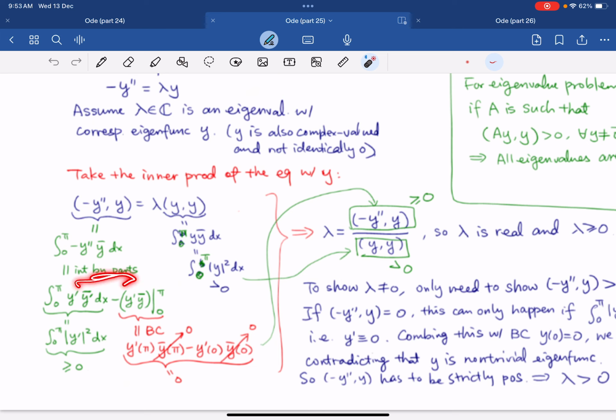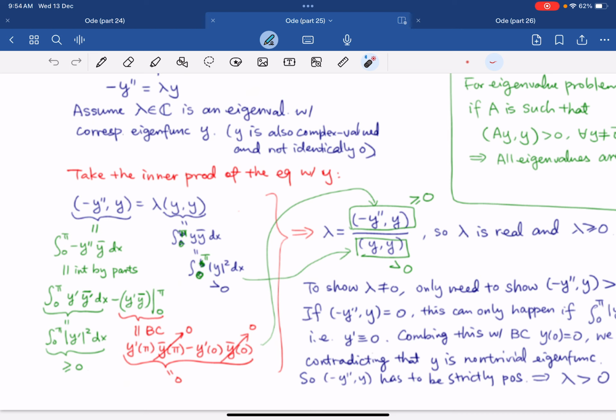Well, we can use integration by parts and show that it equals the integral from 0 to pi of y prime times y prime conjugate, minus y prime y conjugate evaluated at 0 and pi. Well, we can use the boundary condition to show that this equals 0. And for this side, it has to be larger than or equal to 0.